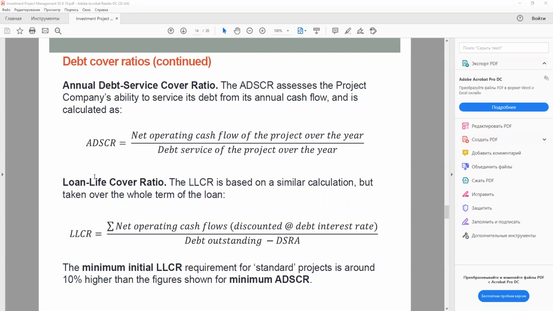I should say it's not usual, for example, at least in Russia, for such type of projects. Most of the lenders require this ratio to be at least 1.3, or not to fall below 1.3 for any 2 consecutive periods.